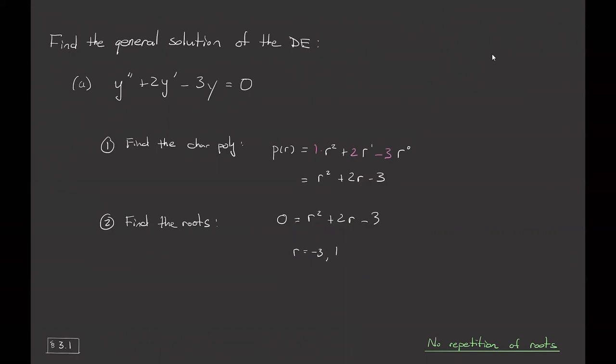Now taken individually, let's say negative 3. Negative 3 is not repeated. We don't see it ever again. It has multiplicity 1. So because of this, r is equal to negative 3, we're going to get a solution term that is e to the negative 3 times, I guess we haven't specified an independent variable.